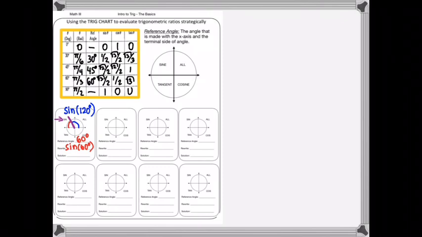That means the result is going to be positive. Then I just need to look up top and find the sine of 60 degrees, which is root 3 over 2. So that is the square root of 3 over 2. Okay, let's take a look at another one.